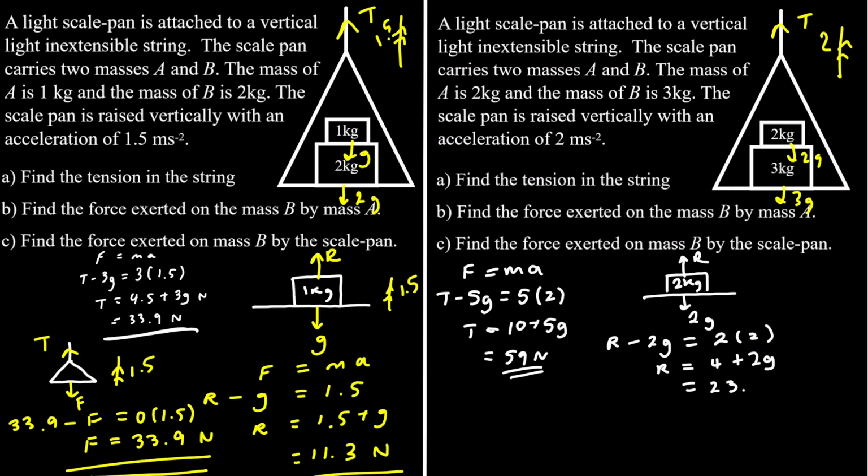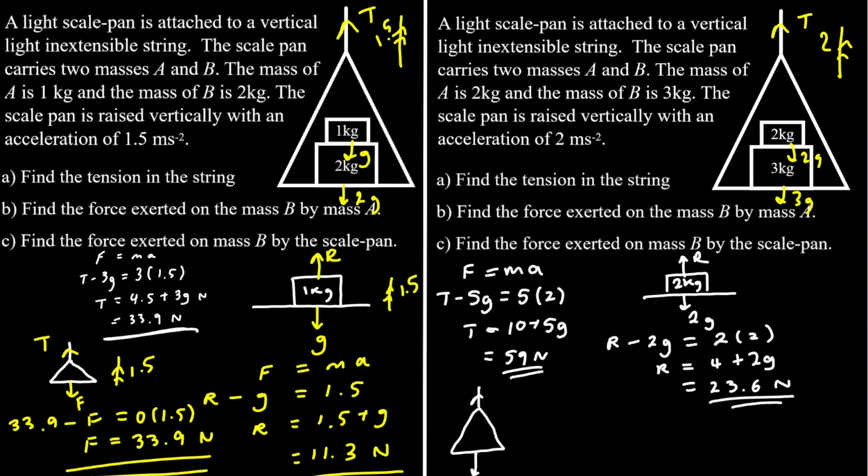So it's 23.6 newtons. Find the force exerted on B by the scale pan, and that again, that's the same as the force on the scale pan by B. So the scale pan looks like this.